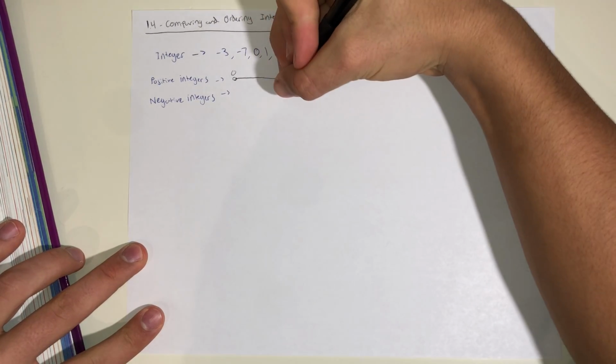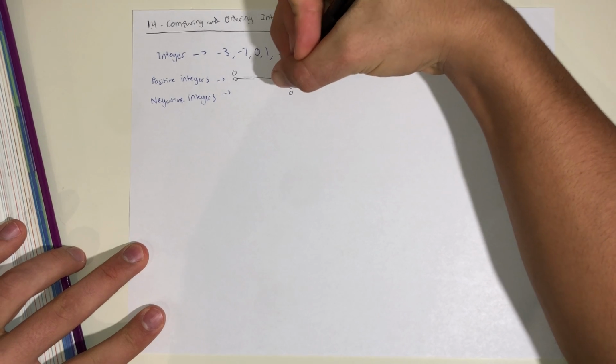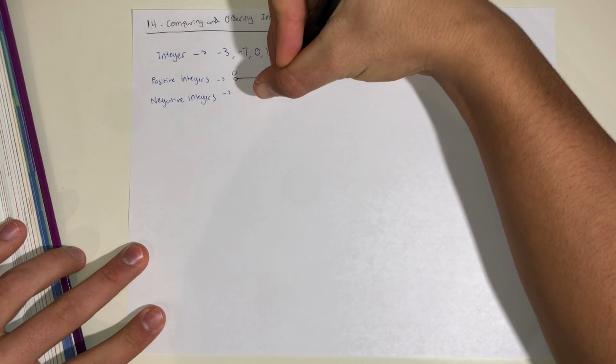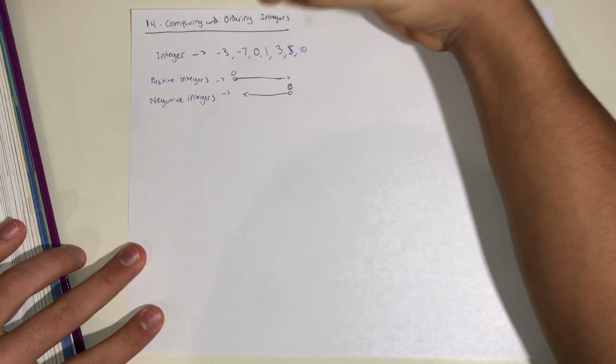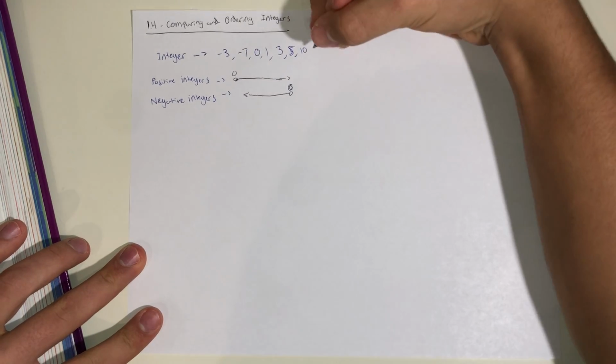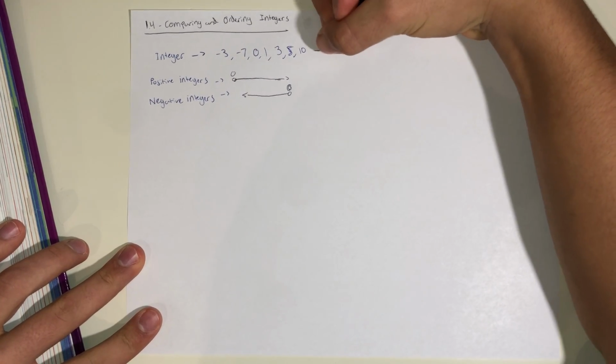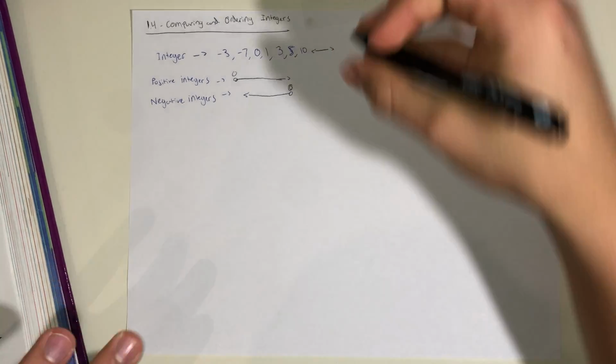And negative integers, not including 0, this is 0, are everything that goes in the negative direction. Meanwhile, an integer is just everything that goes in both directions, like everything.